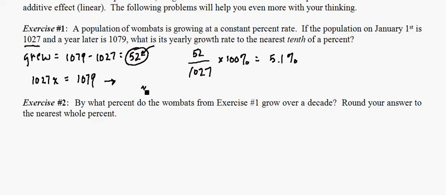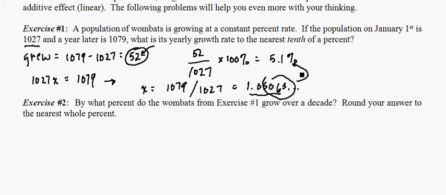If I solve for x, which is clearly 1,079 divided by 1,027, I would find that I'd have 1.05063. It's just messy, right? The idea, though, is that I would be multiplying by this number, 1.05063, which hopefully then tells you that you can extract the percent by looking at this, 5.1%.